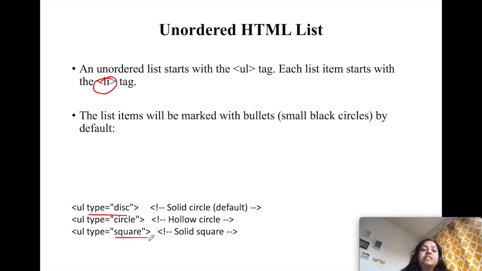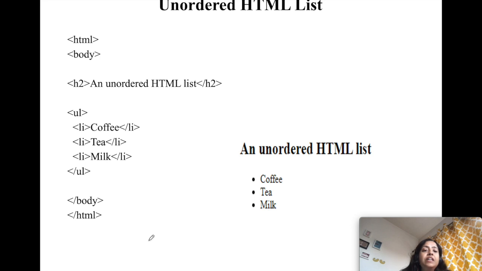Let us see one example. Now in this particular example, students, we will just check this portion. When I am talking about lists, obviously I assume that you are aware of the basics of HTML, so I'm not going into the depth.